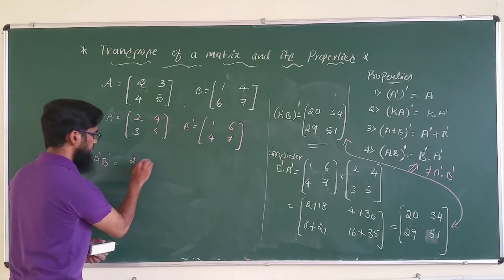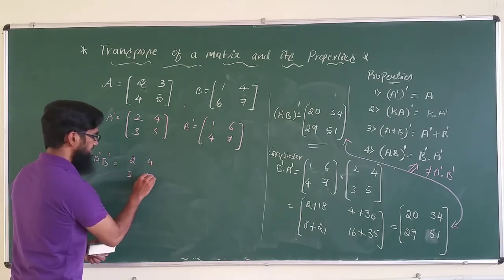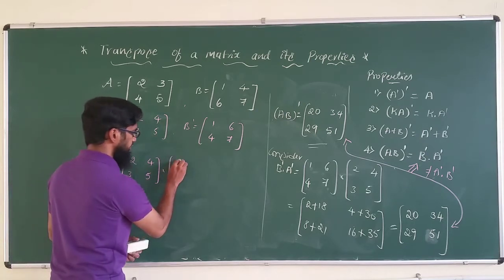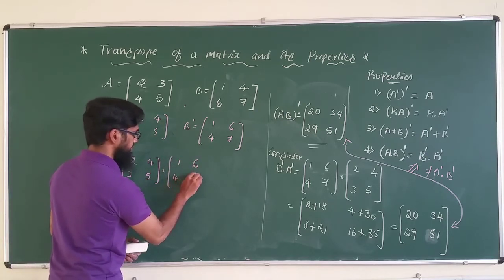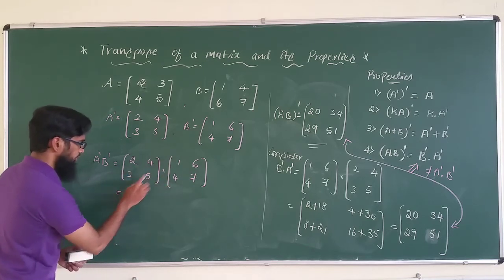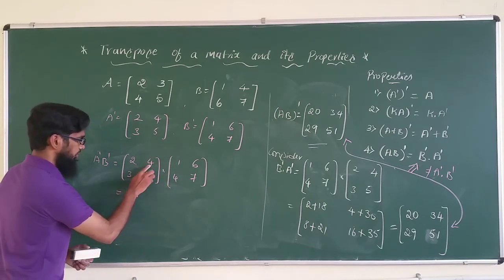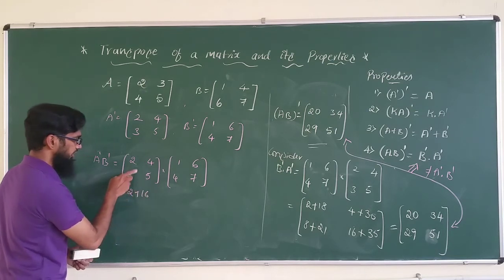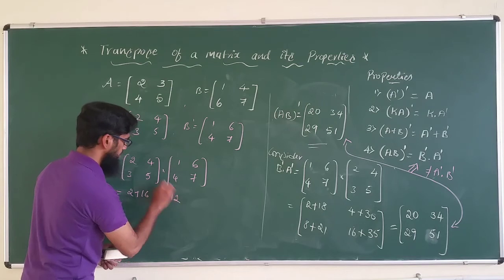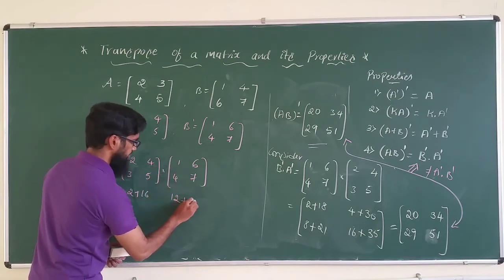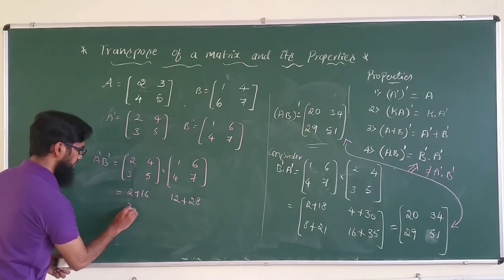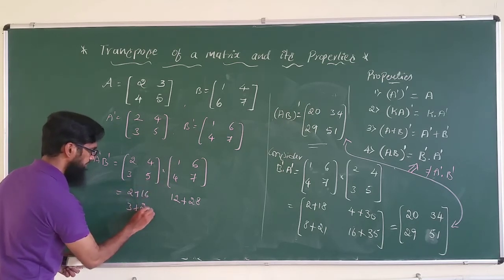It is A transpose 2 4 3 5, multiplied with B transpose, that is 1 6 4 7. Now, multiply the first row with the first column: 2 plus 4 4s are 16. Again first row with second column: 2 6s are 12 plus 4 7s are 28. Second row with first column: 3 plus 20.